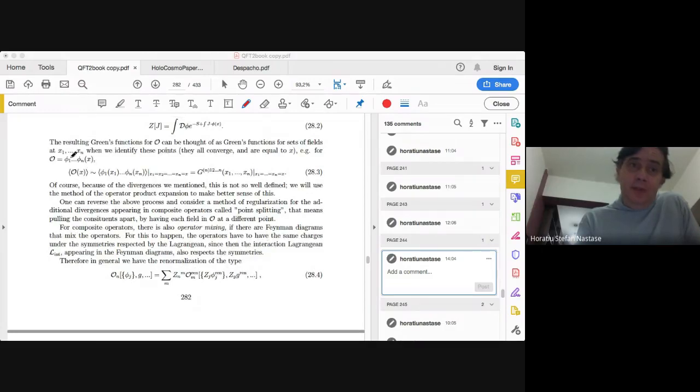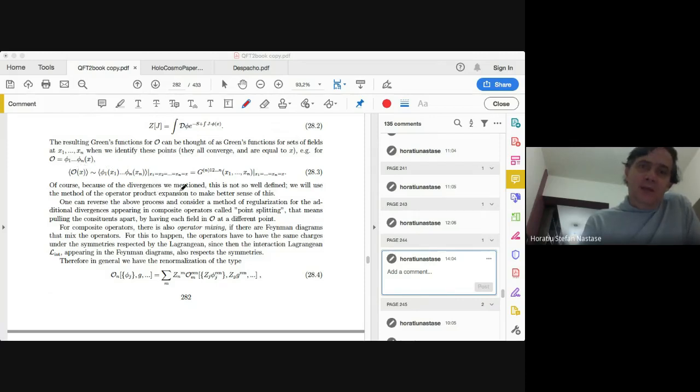But of course, because of this extra divergence that I mentioned, these Green's functions are not well defined, even when the various operators in the Green's functions have different values of x.